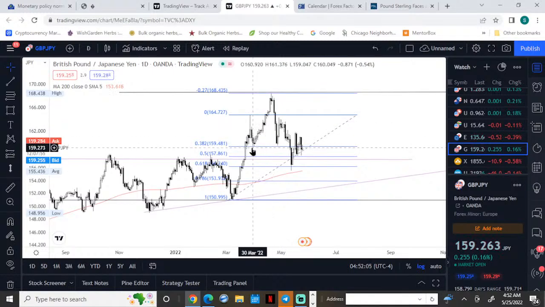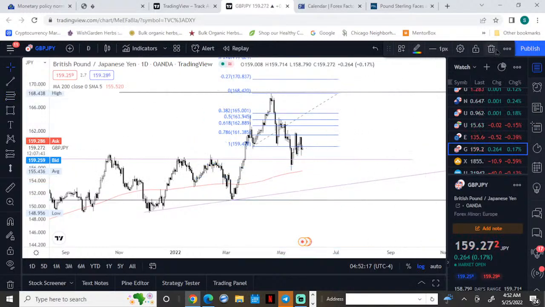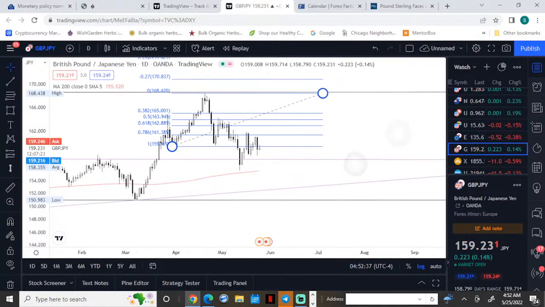So technically, I could draw another one from this point A to point B. Delete that. And that would be TP1. And this would make that buy irrelevant because price came back down and broke the trend.